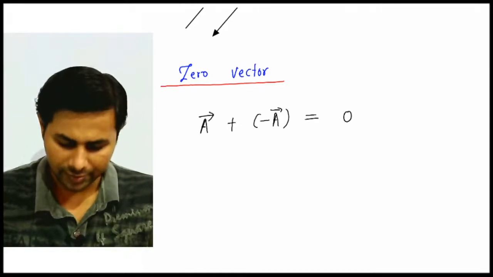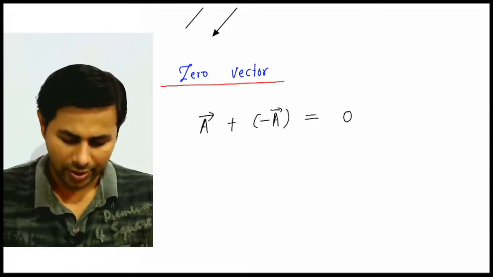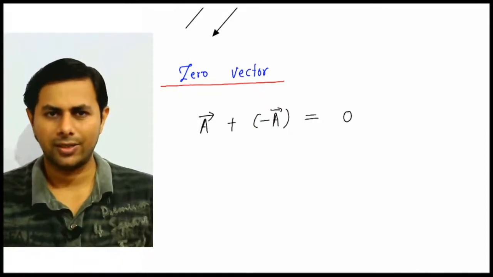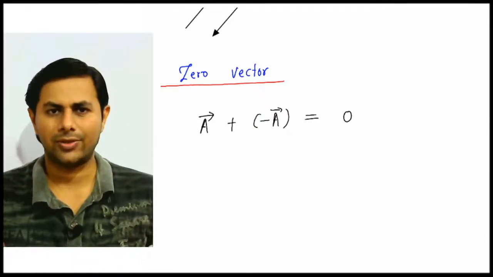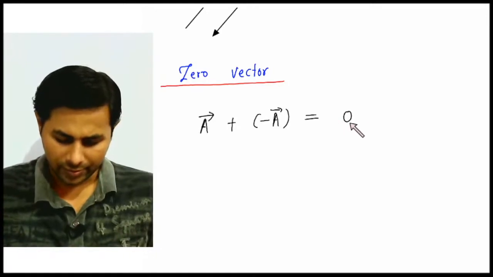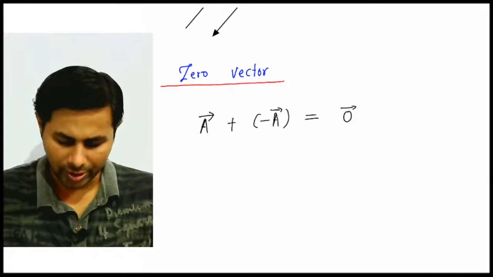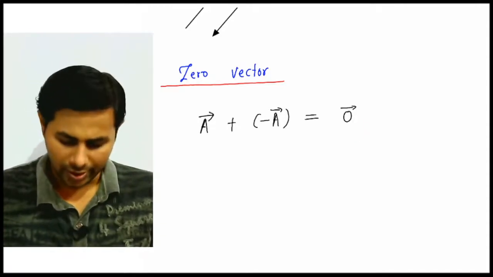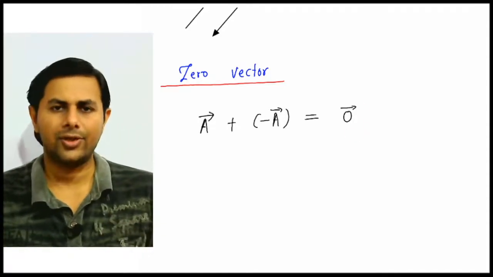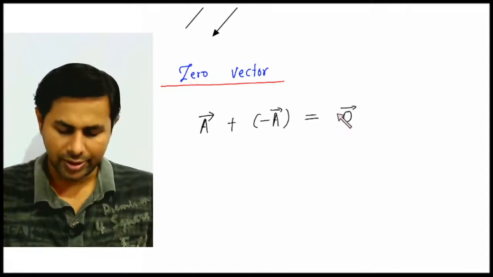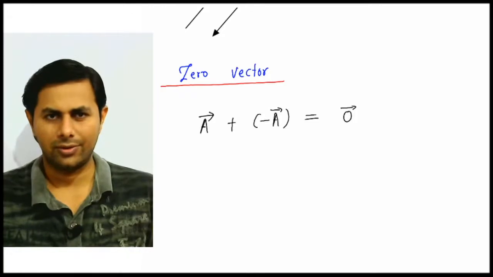Resultant will be 0, but because on left hand side we are performing addition or subtraction of two vectors, their resultant should also be a vector. So here we draw an arrow on top of this 0 to show that it's the resultant of addition or subtraction of two vectors, and that's why we call this one a 0 vector.